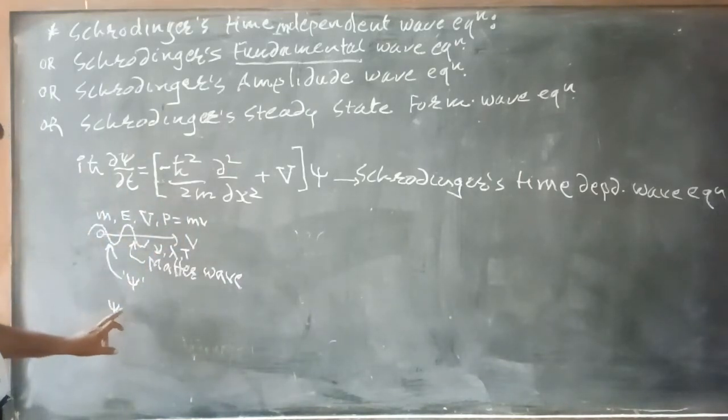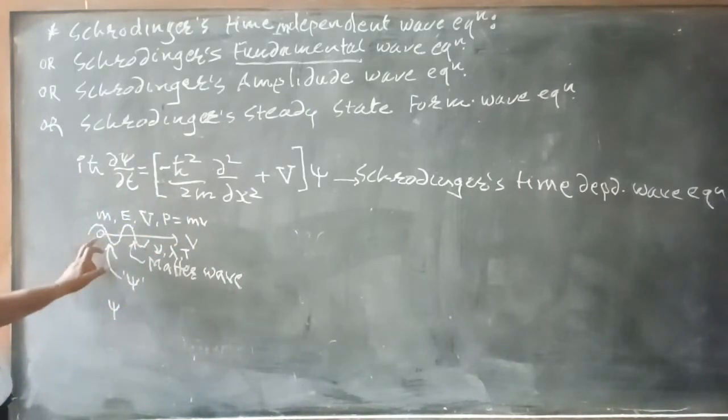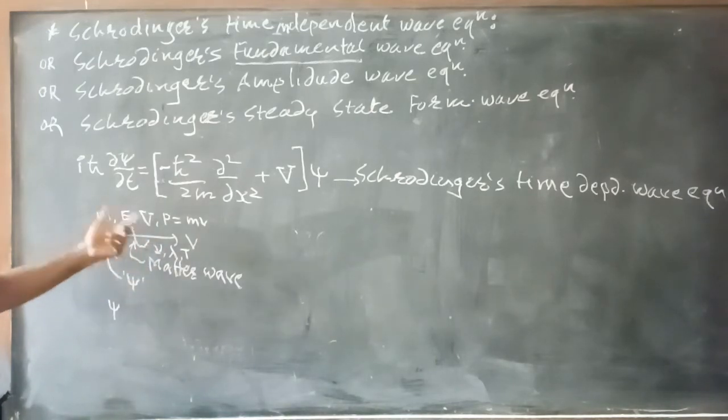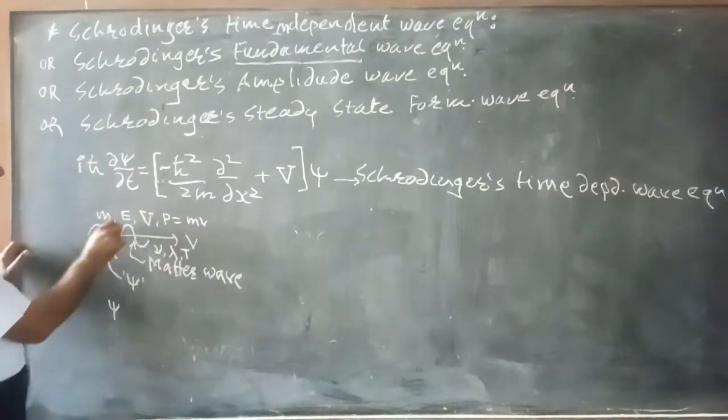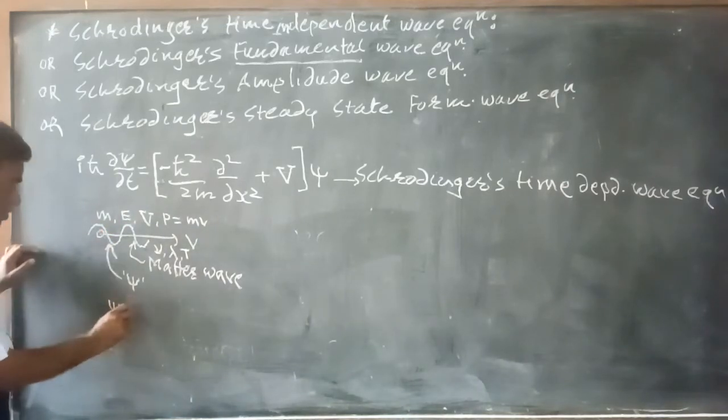So we will now define the wave function of a wave associated with the moving particle in terms of the energy and the momentum of the particle. Physical parameters of the particle, last time we have seen how it comes.